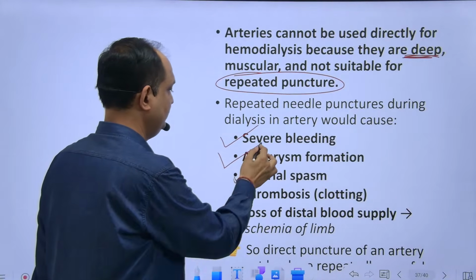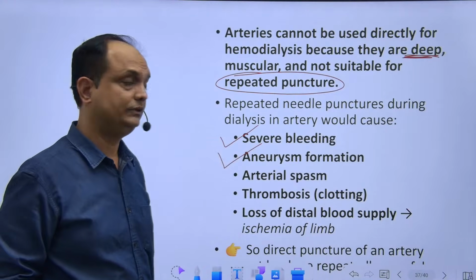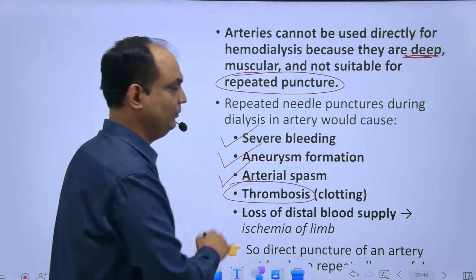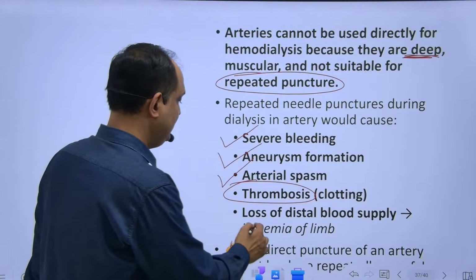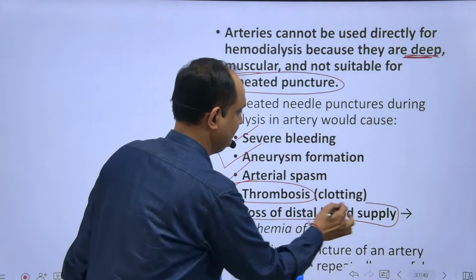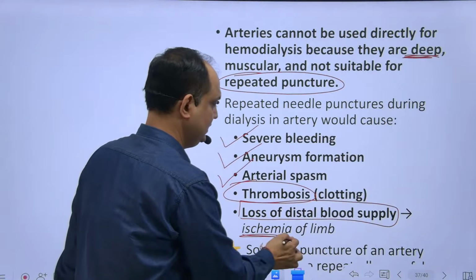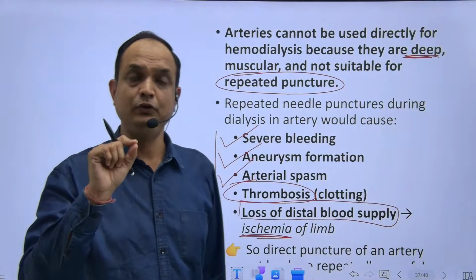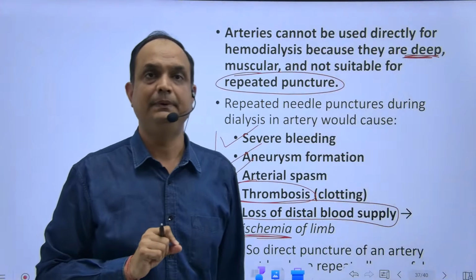The artery may show aneurysm because of damage to the arterial wall. Spasm may be there. There may be formation of thrombus, clotting, and a loss of distal blood supply of the limb, which will lead to ischemia of the limb. Because of these reasons, the artery is never used directly for multiple punctures.